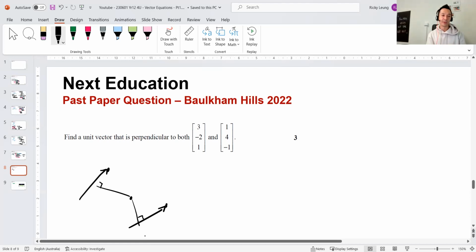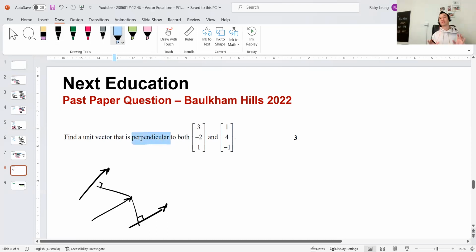The origin is obviously somewhere downstairs. I need to find a unit vector of length 1, a position vector, that is perpendicular to both. Perpendicular is the key word.